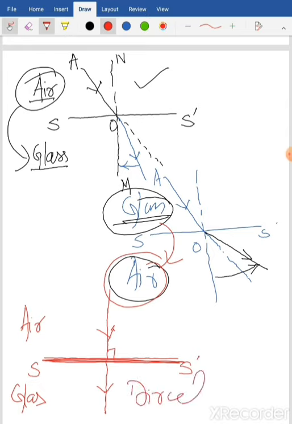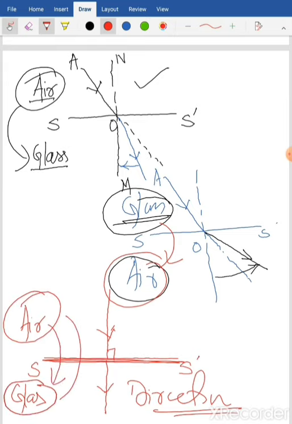Please note this down properly. When a ray of light is passing from one medium to another, whether from rarer to denser or denser to rarer, if the ray is incident at 90 degrees to the surface separating the two media, the ray passes into the second medium without changing its direction.